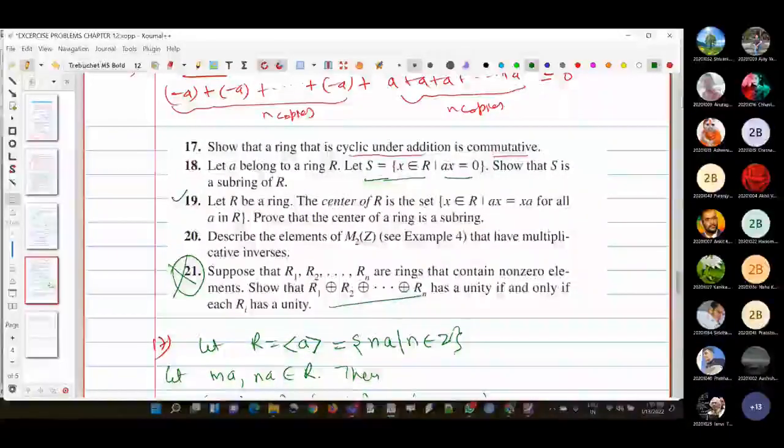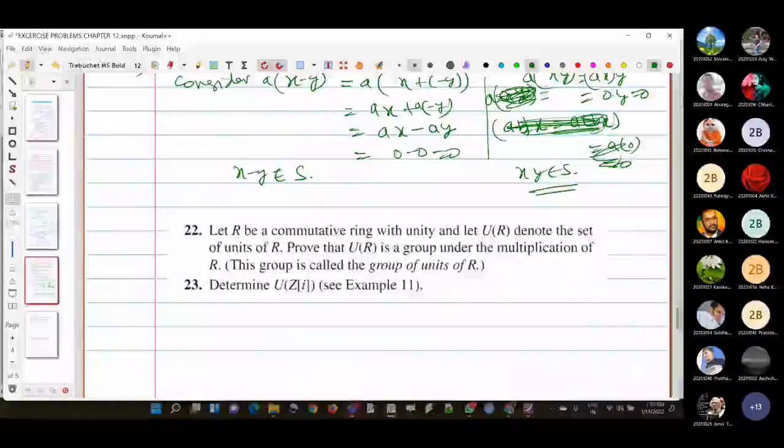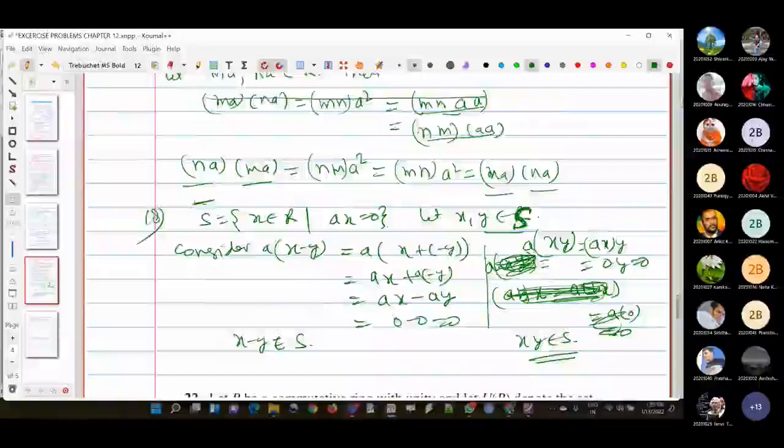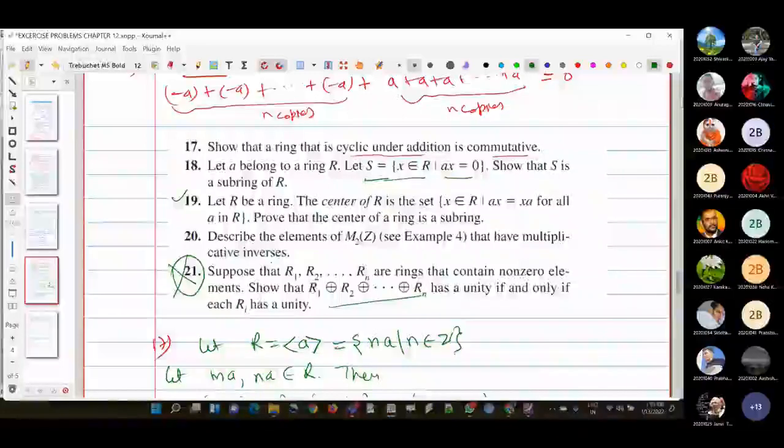Question number 20. We can have an example in matrices. We can take the matrix with elements a, b, c and d that has a multiplicative inverse.